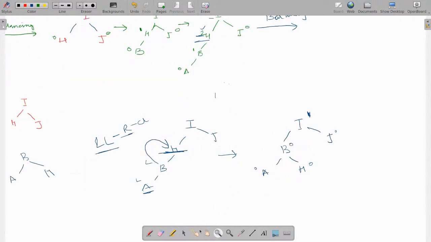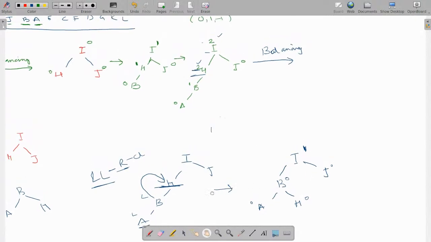We will just place this particular structure after this operation. So after rebalancing, I becomes the root node, J becomes the right child, B becomes the left child, H becomes the right child of B, and A becomes the right child of H.